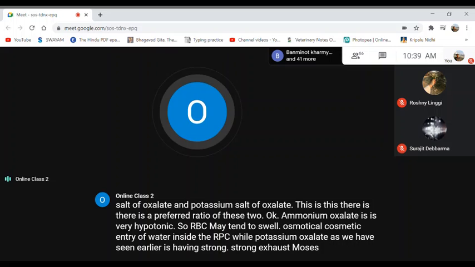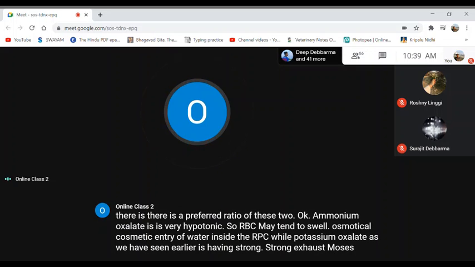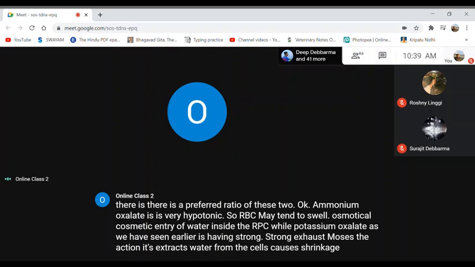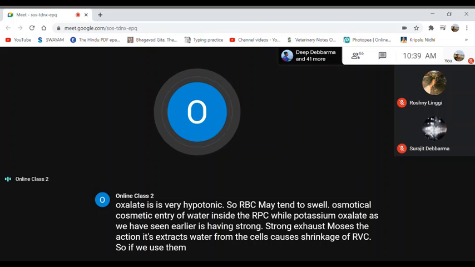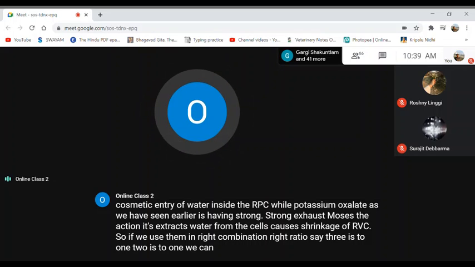It extracts water from the cells and causes shrinkage of RBC. So if we use them in the right ratio, say 3 to 1 or 2 to 1, we can have an osmotically neutral anticoagulant where the oxalates are used.